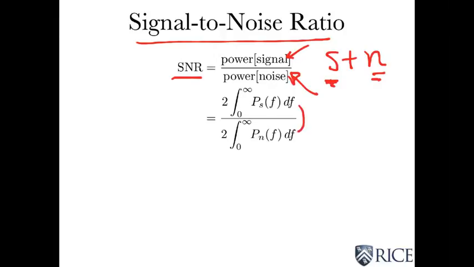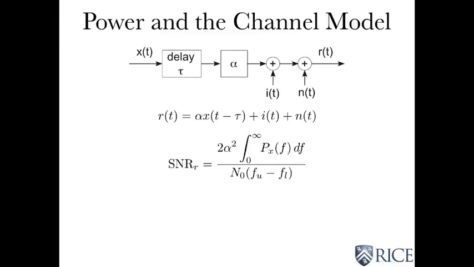Well, given what we've seen in terms of power spectra, it's the ratio of these two quantities. Power in the signal is given by that, and the power in the noise is given by that. And also, as we've seen, SNR is frequently expressed in decibels, in dB. So, here's the general lay of the land in terms of our channel model.